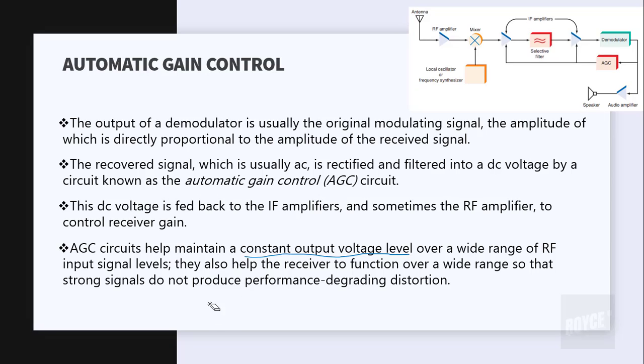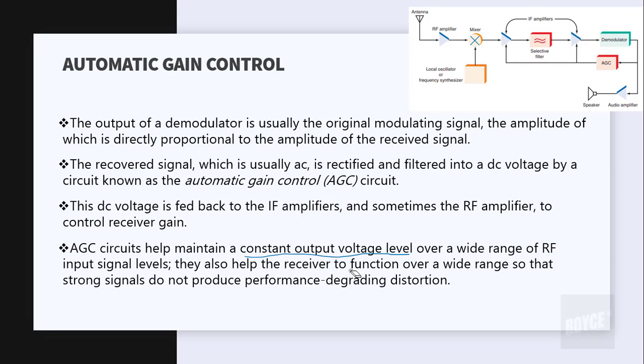So, ito pa, AGC helps the receiver to function over a wide range so that strong signals do not produce performance degrading distortion. Yan yung mahirap. Baka masyadong malaki yung signal, tapos ipinasok sa IF amplifier, hindi nagbago yung gain ng IF amplifier. Gain niya nung maliit yung signal, tapos gain niya nung malaki yung signal.